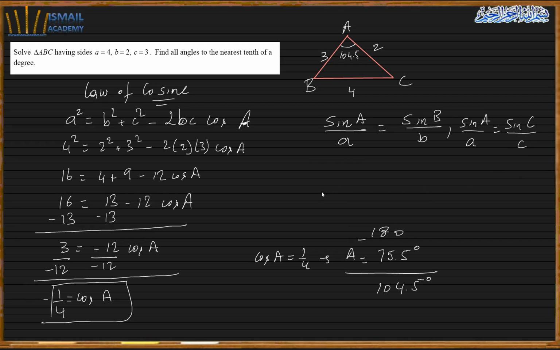So sine of 104.5 over 4 equals sine of B over what B is, which is 2.